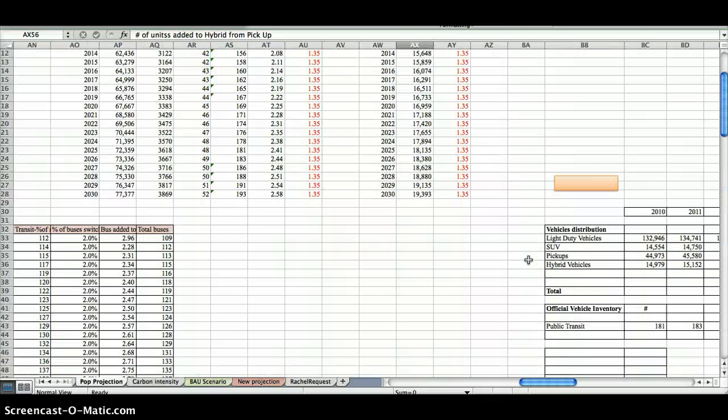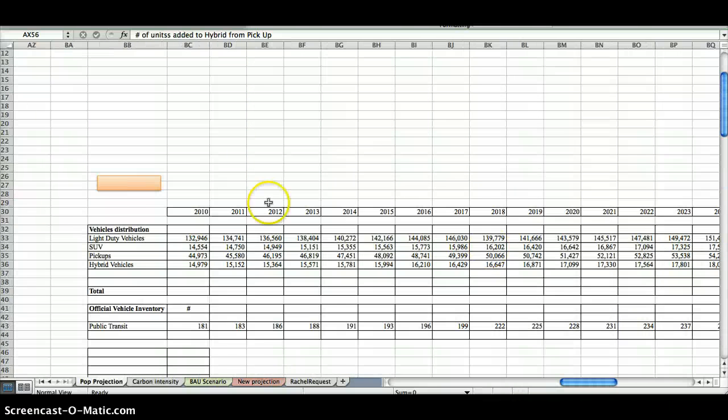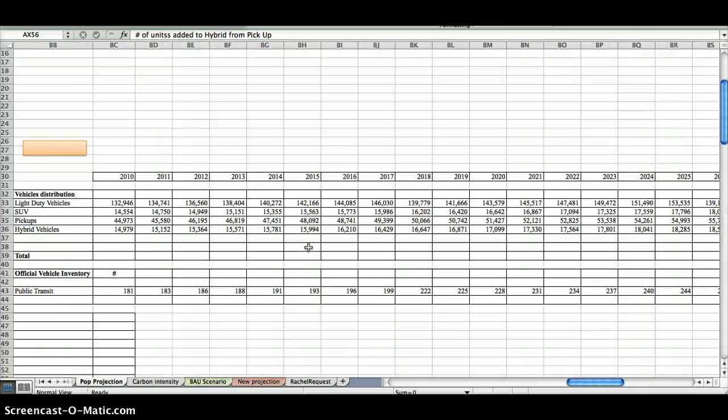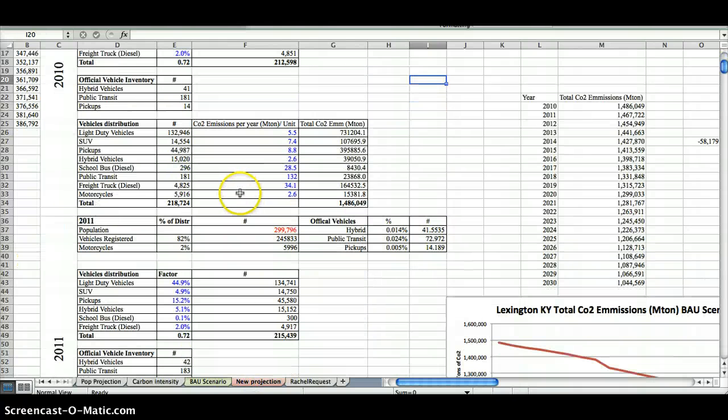And then I made a small macro. When you run the macro, it pastes all these values into this table, and then it pastes those values here.